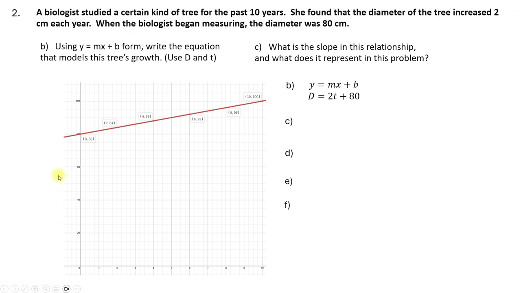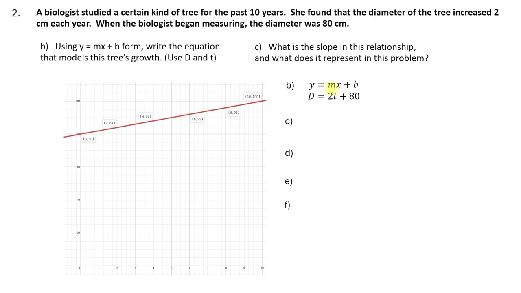The amount that it's changing, or the amount the cost is increasing, is usually along the y-axis. How much it's changing per x unit tells us what the slope is.